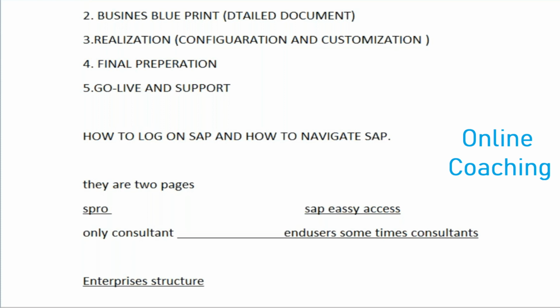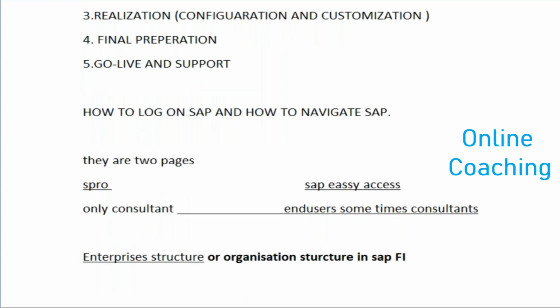Enterprise structure. What is our organization structure in the SAP FI module? Especially, I'm talking about FI. You see here, CO is different, FI is different, MM is different.